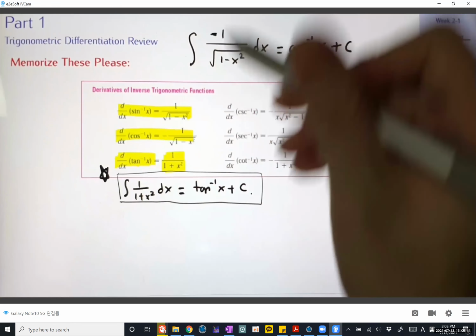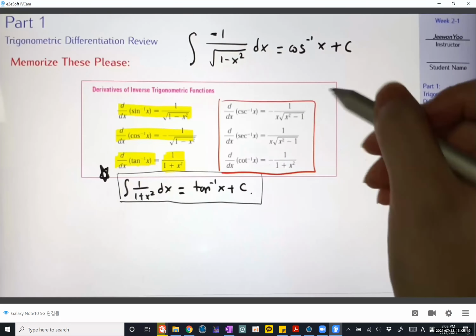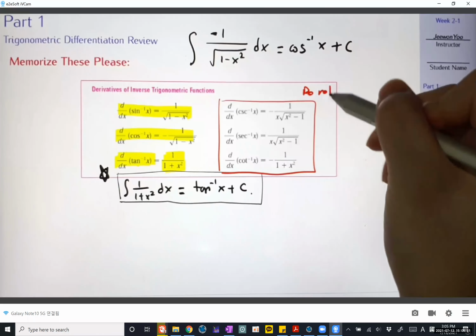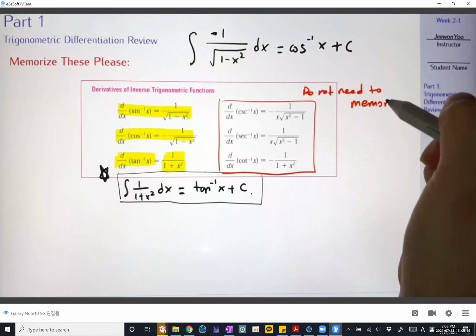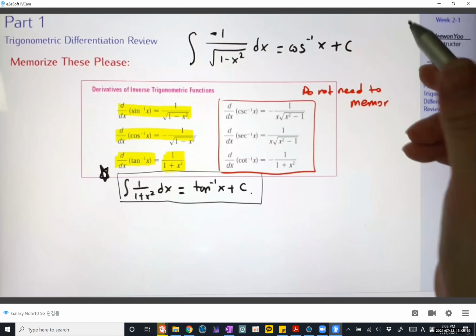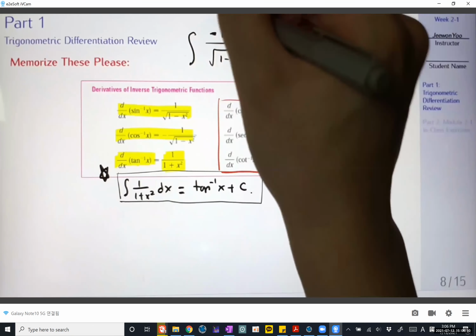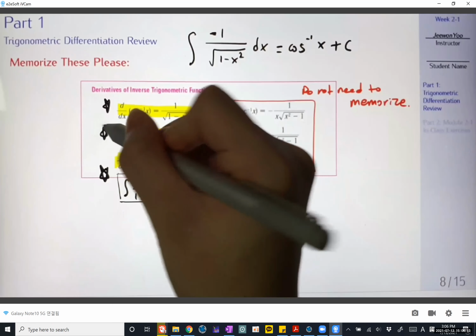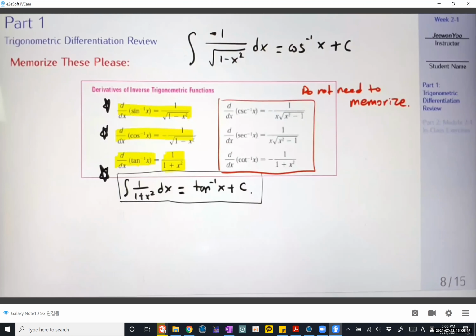But for the other three, you do not need to memorize, because I rarely give questions involving these. But if I do, you'll be given some announcement in advance. Okay, but memorize these things. They're quite popular, and they come up in the exam quite often.